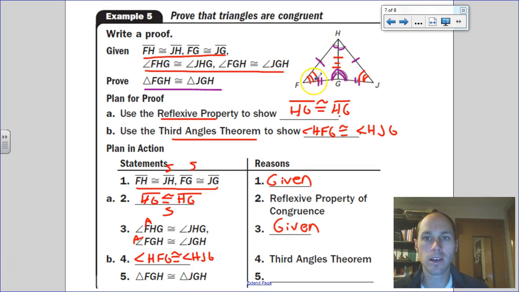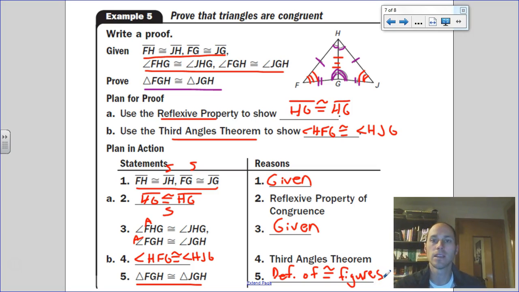Now, if all three angles and all three sides are congruent in both triangles, we know the triangles have to be congruent. And we could just say that's the definition of congruent figures. Because we've shown that all sides and all angles are congruent, we can therefore state that the polygons are congruent.